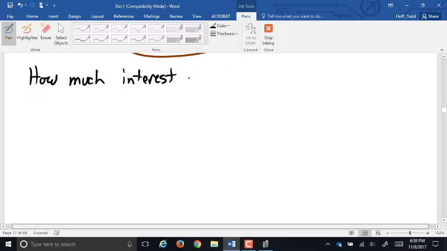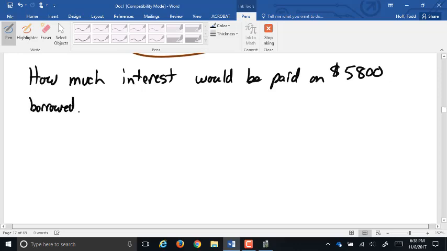How much interest would be paid on $5,800 borrowed at 9.5% for 165 days?